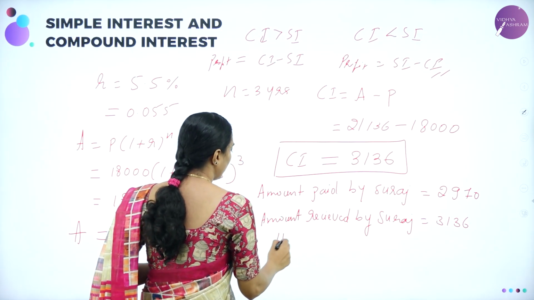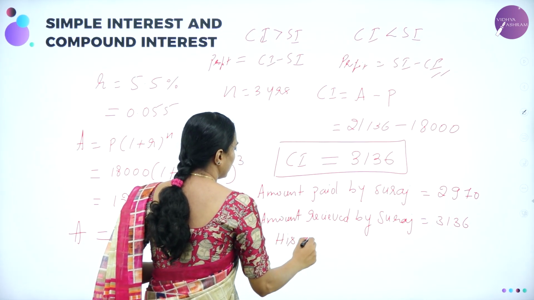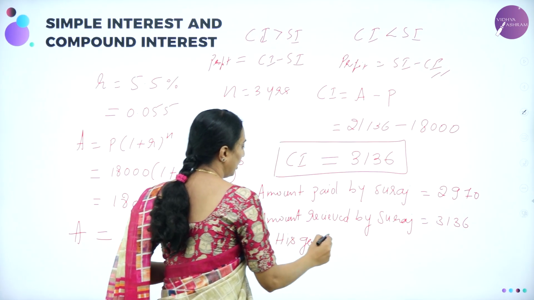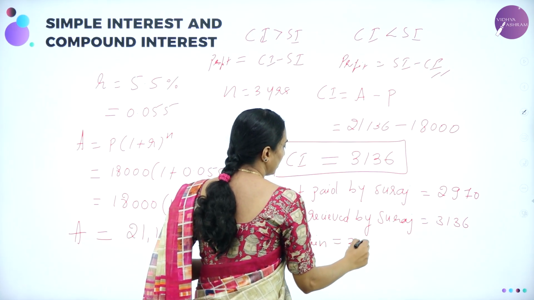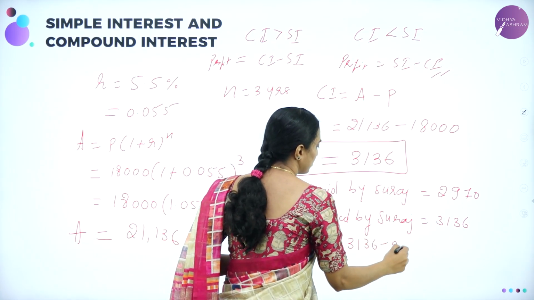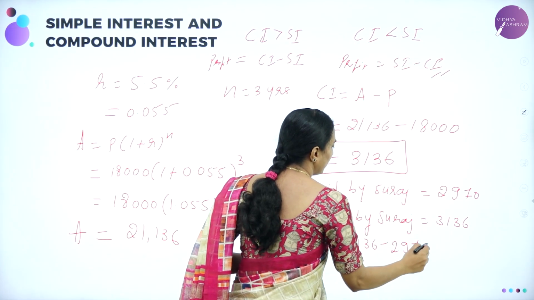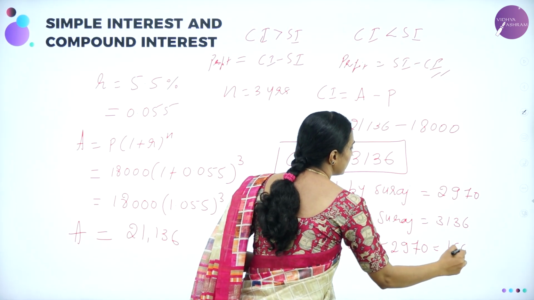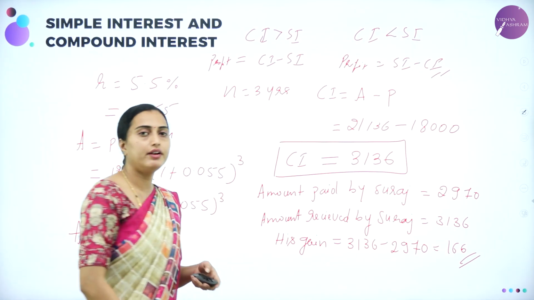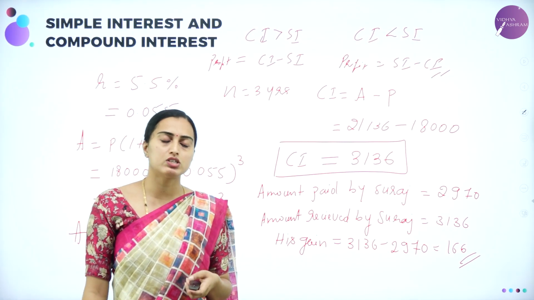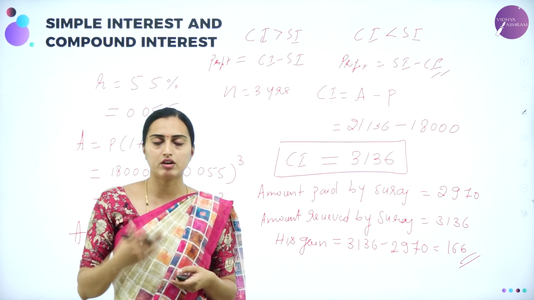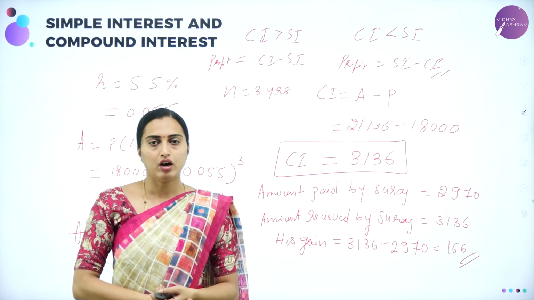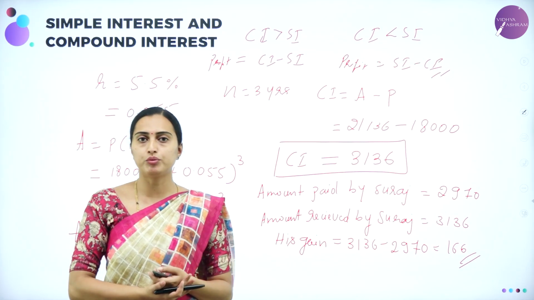So his gain will be, as I told the formula, 3,136 minus 2,970, which is equal to 166. So 166 rupees Suraj is going to gain. That is what they have asked you to find out. I hope you understood how to solve this problem.